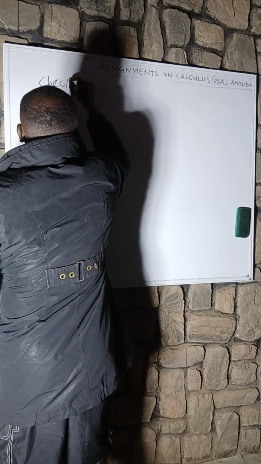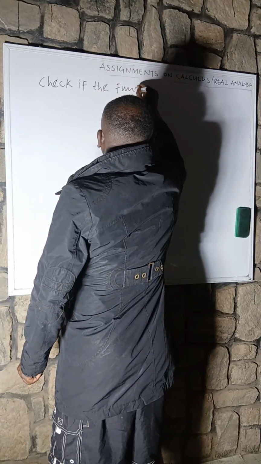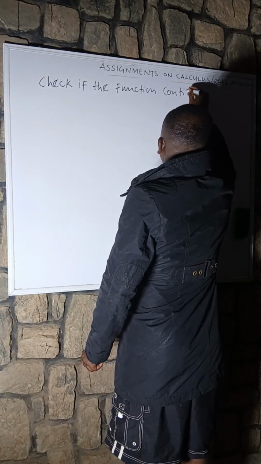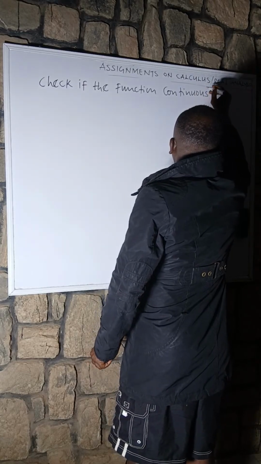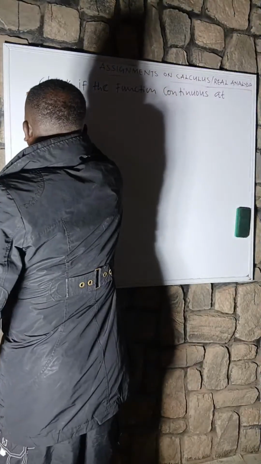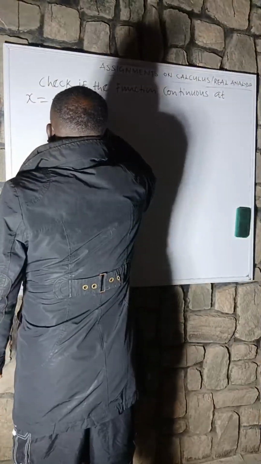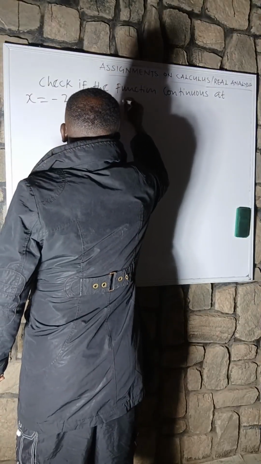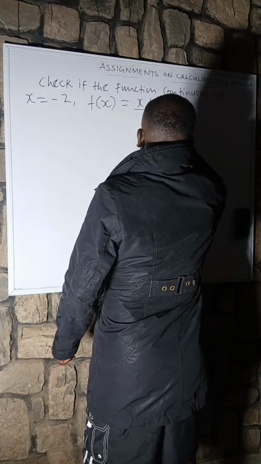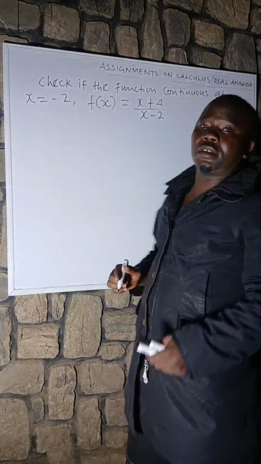Check if the function is continuous at x equals minus 2, that is f of x is equal to x plus 4 all over x minus 2. Okay, so let's look at this together.